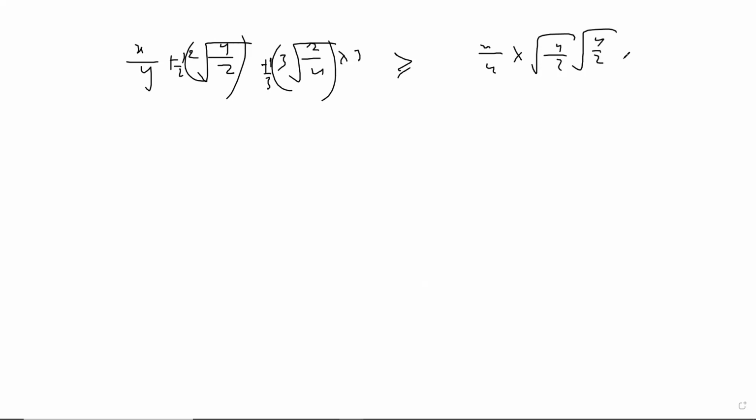When we were applying AM-GM on this, we made sure we took two of these and three of these, so that when we applied AM-GM, you would get two times this product and three times this product, so that in the end all the variables get cancelled and you get a proper expression.